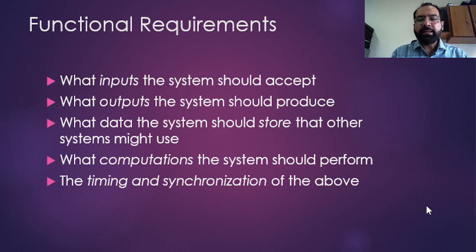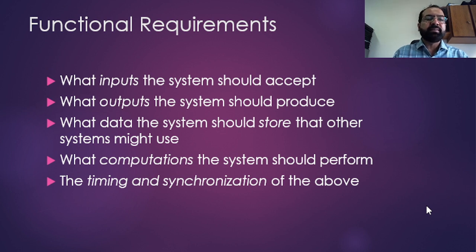So in any software or in any application which you want to develop, the first most important thing is to determine all those functional requirements, because your application or software must exhibit all those functional requirements whenever you develop your product or project.